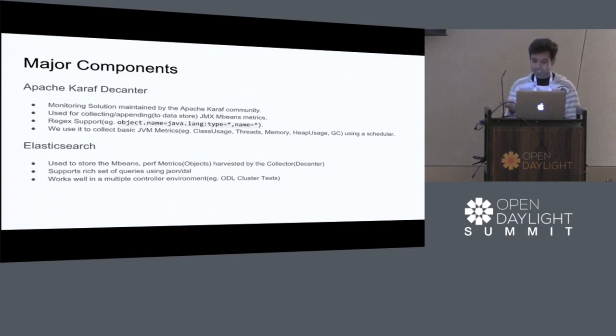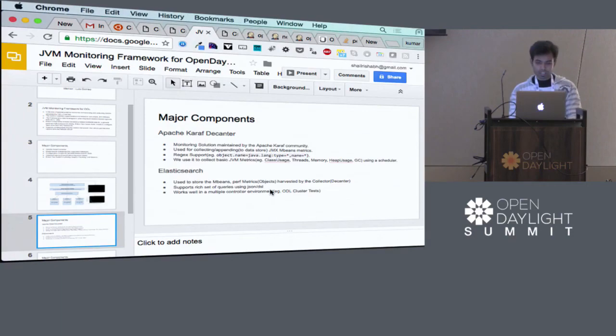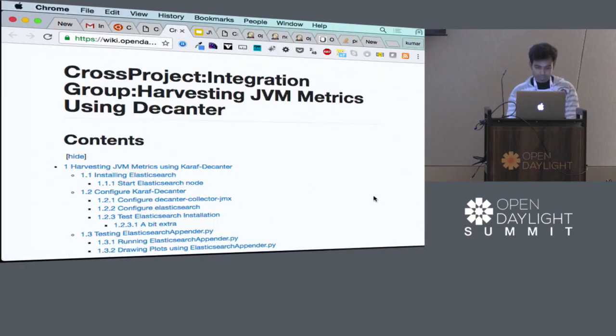Actually, it's not that simple if you go to Pythonic regexes. You can ask something like the object name should be java.lang, where the type is something and the subtype is something else. In our case, we use it to collect some very basic metrics like the class usage, the thread count, the memory object, or the heap usage.